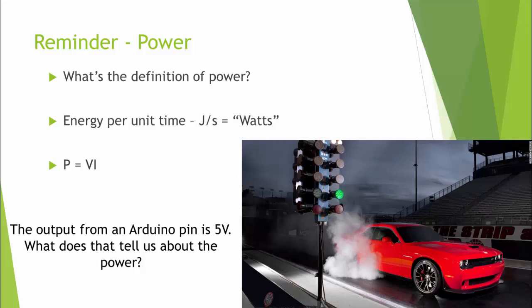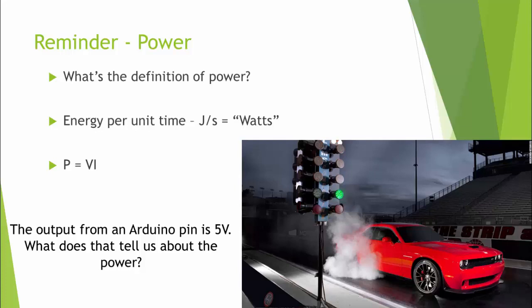I'd invite you to stop and think about what that tells us about the power output. So you can pause the movie for a second if you want to and see if you can work out what that tells us about the power. Return when you've given it some thought. Okay, so hopefully you looked at the equation above and said, I know my voltage is 5 volts.